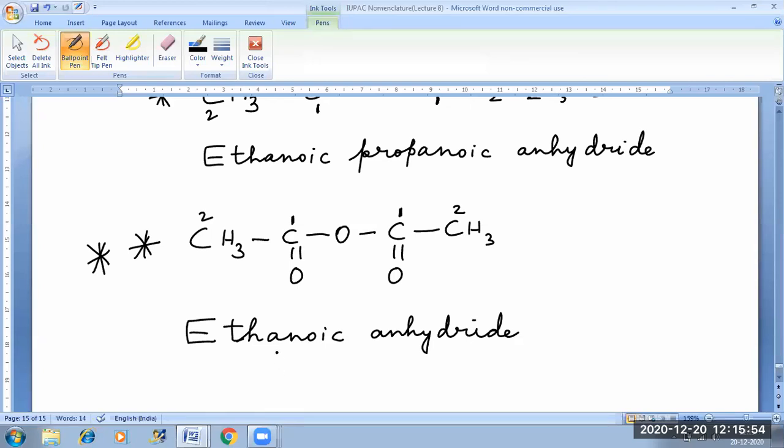Kindly don't write diethanoic anhydride. This is not correct. It is just ethanoic anhydride. So for anhydrides, if the groups present on both sides of the oxygen atom are identical, we do not use the word di. We just write the name without using di. So this is the IUPAC name of this anhydride, ethanoic anhydride.